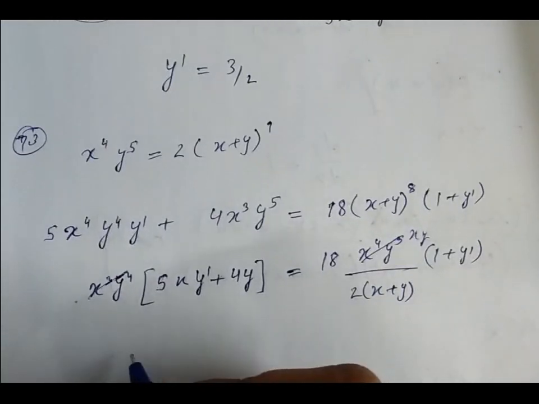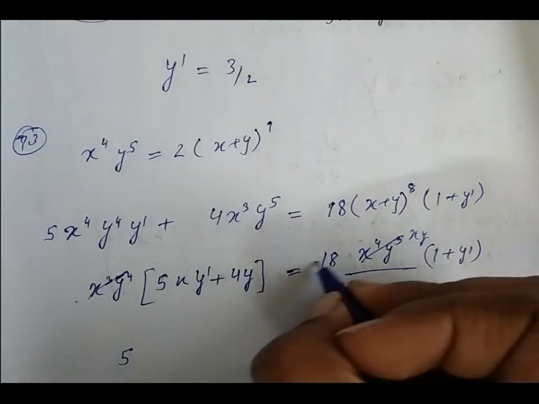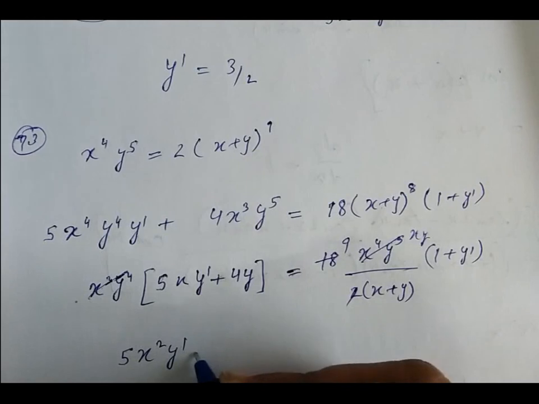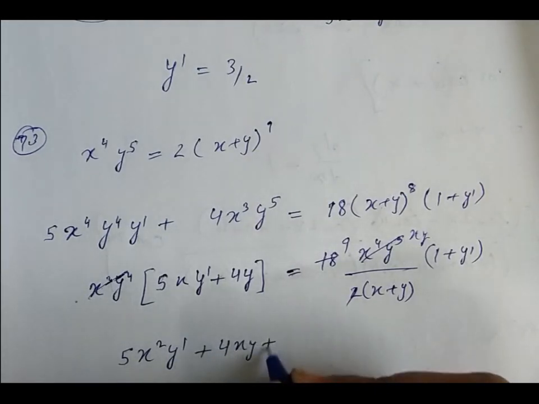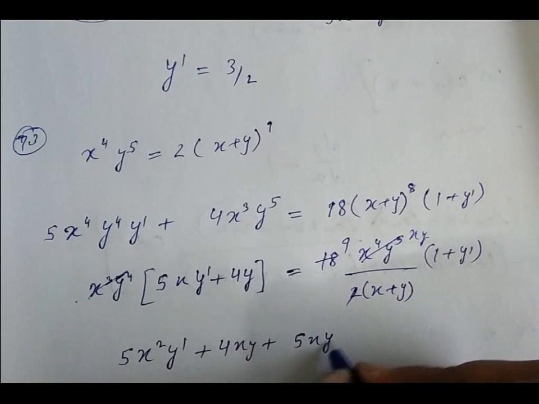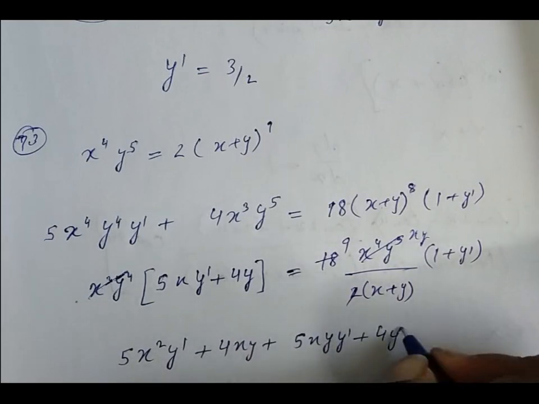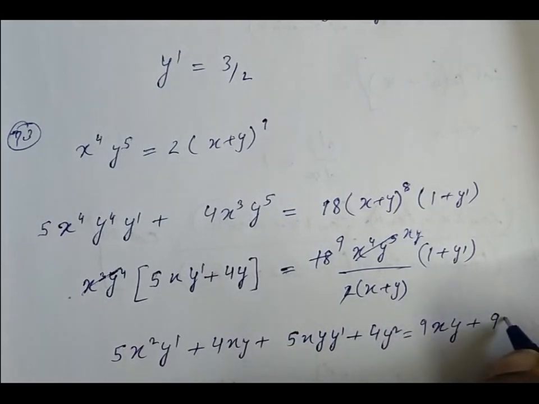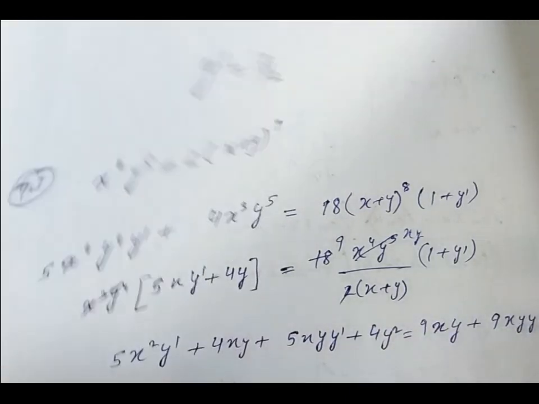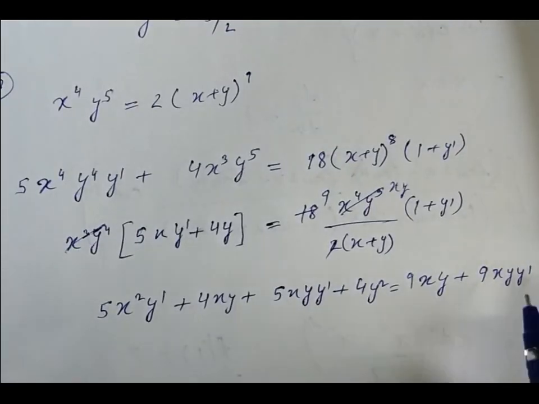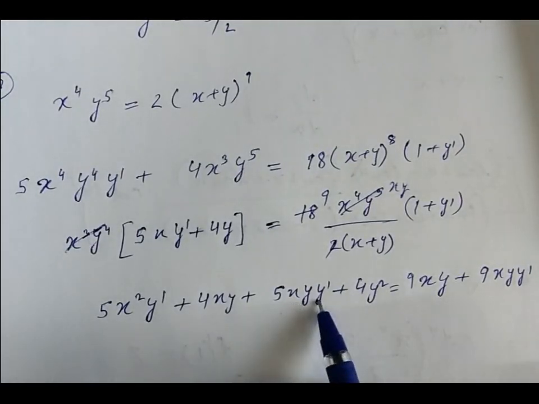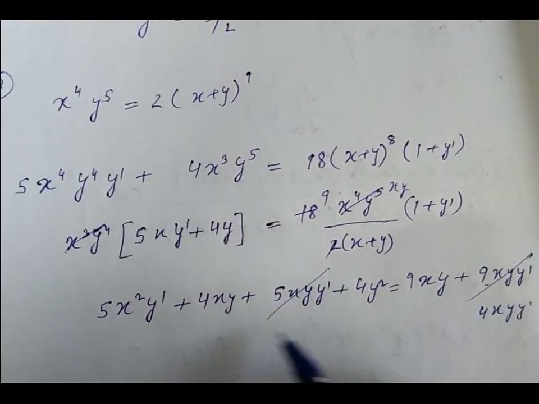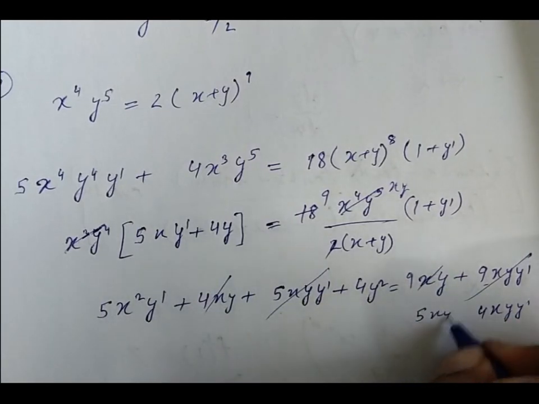Cross multiply. So 5x square y dash plus 4xy plus 5x y dash plus 4y square is equal to 9xy plus 9xy y dash. So 9xy y dash, this will cancel out 4xy y dash, this will cancel out 5xy.